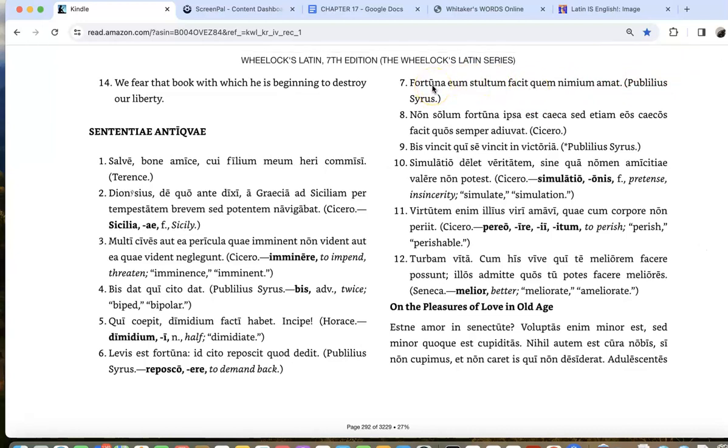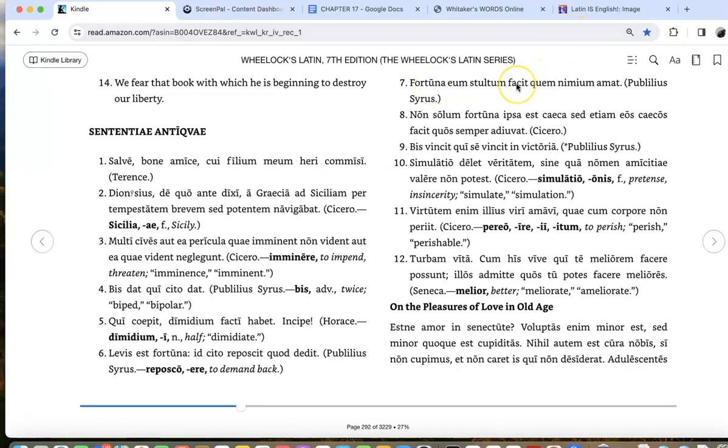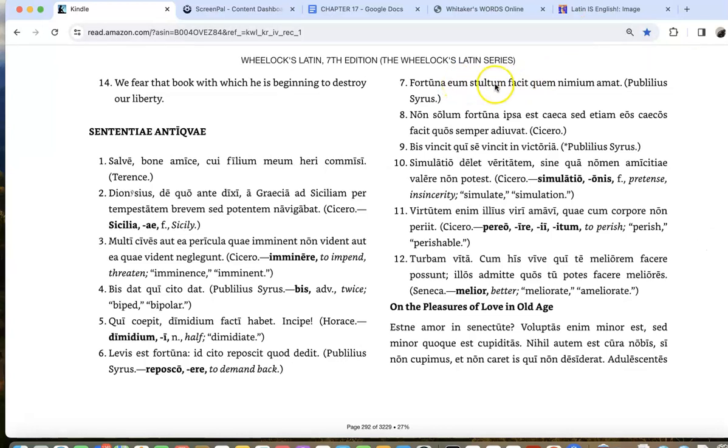But let's take a look at the grammar here. So fortuna, that's our subject, makes, so facit, and then eum is the direct object, and then this is where we get the word stupid. So makes him stupid. Now here is our relative pronoun quem, referring back to him.